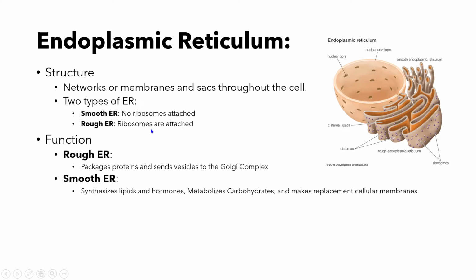And then there's the rough ER, which is where the ribosomes are attached to the ER. The functions are slightly different. The rough ER packages proteins and sends those packaged proteins or polypeptides to the Golgi complex to be further folded and created into more complex proteins. And the smooth ER synthesizes lipids and hormones, and makes replacement cellular membranes.